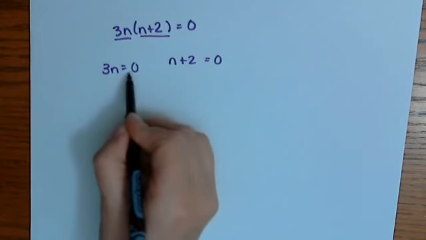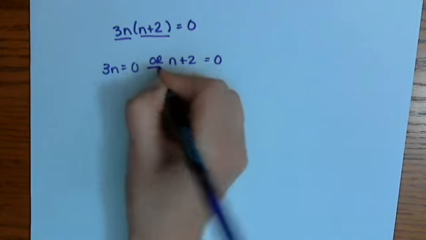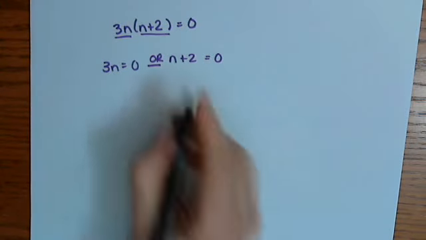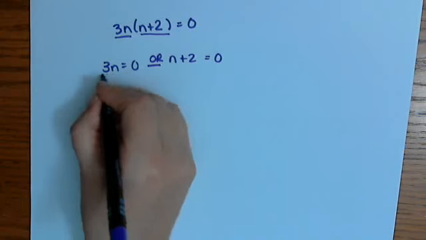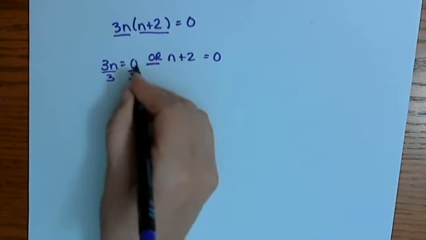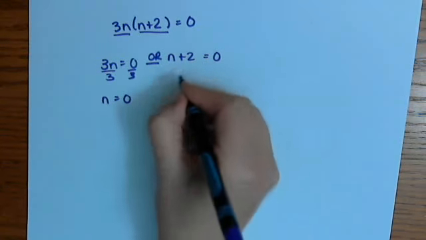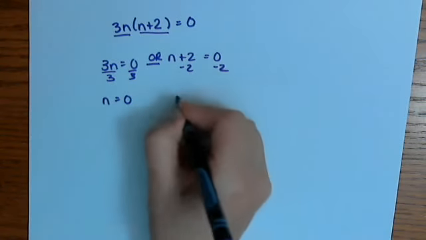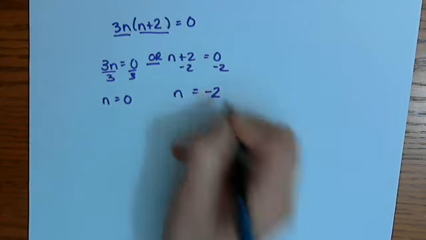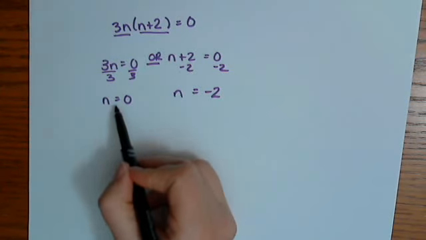So I could have 3n equals 0, or I could have n plus 2 equals 0. Here, if I solve for n, I divide by 3. 0 divided by 3 is 0. So n equals 0. Or, if I subtract 2, n equals negative 2. I have two possible answers.